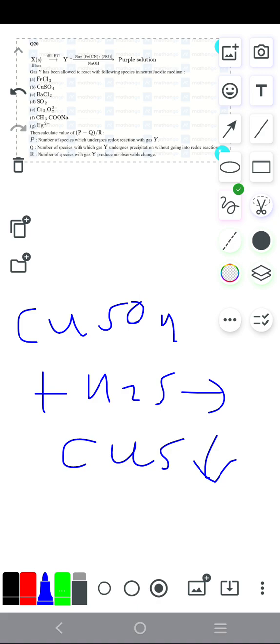No, this wouldn't be a redox, because the oxidation state of copper in the reactant and product is +2, and the sulfur is also -2. So there is no change in oxidation state. So this wouldn't be a redox. So B would be Q, because it is undergoing a precipitation without redox.